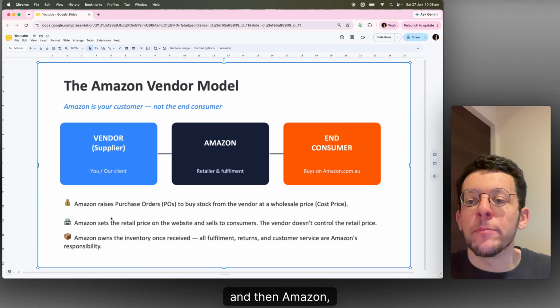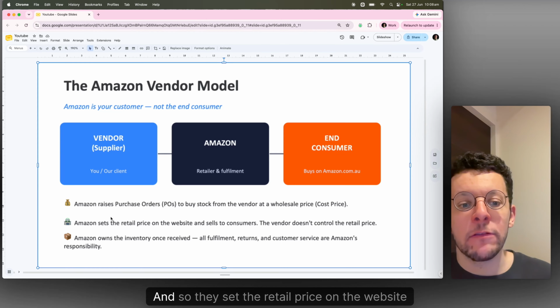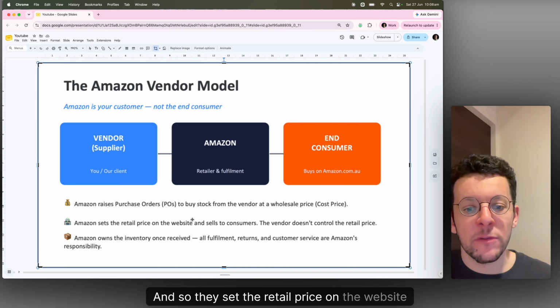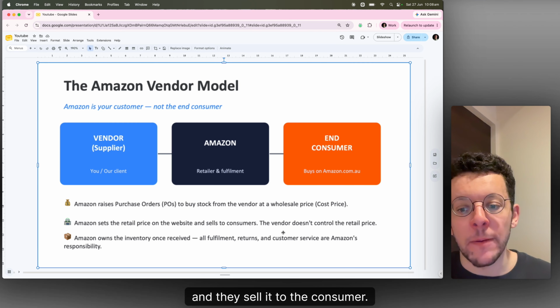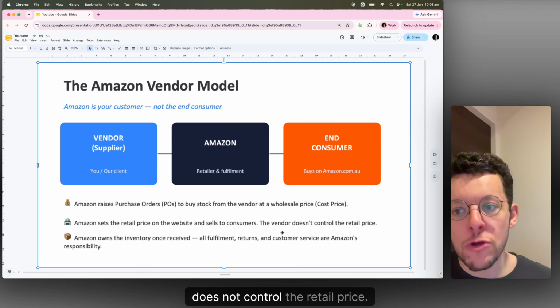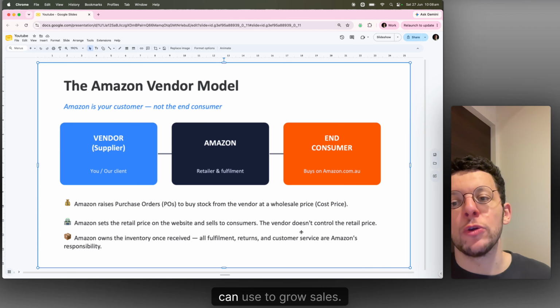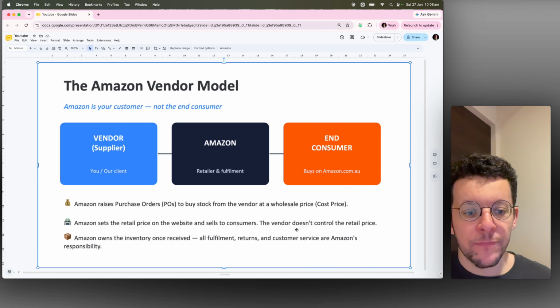And then Amazon, because the point at which they've bought stock, they now own it, and so they set the retail price on the website and they sell it to the consumer. The vendor, unlike the seller model, does not control the retail price. Now, this can be one of the best things that you can use to grow sales.